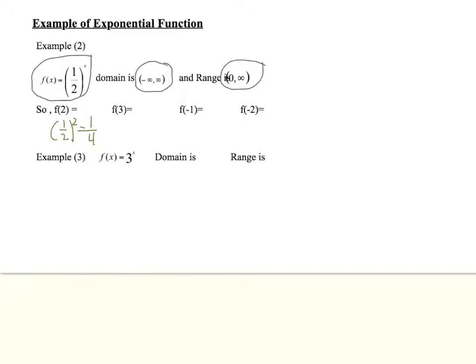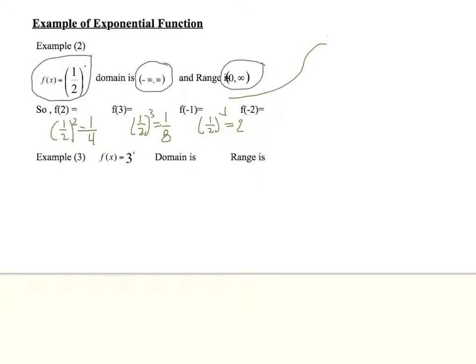So f of 3 is going to be 1/2 raised to the third power, and that's equal to 1/8, right? So f evaluated at -1 is 1/2 raised to the -1. Well, what is that? That's just 2, right? We just invert the fraction. We know how to do that, right?